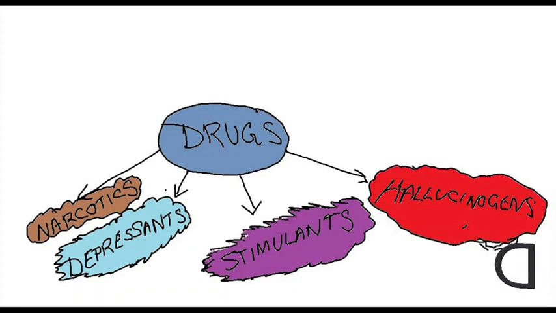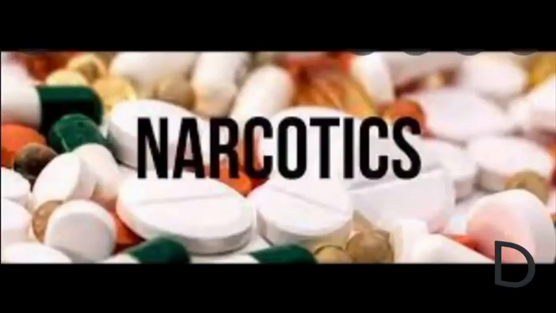Now we'll discuss each category in detail. First of all, what are narcotics? Narcotics is a kind of substance which is used to treat moderate to severe pain, like morphine and codeine.